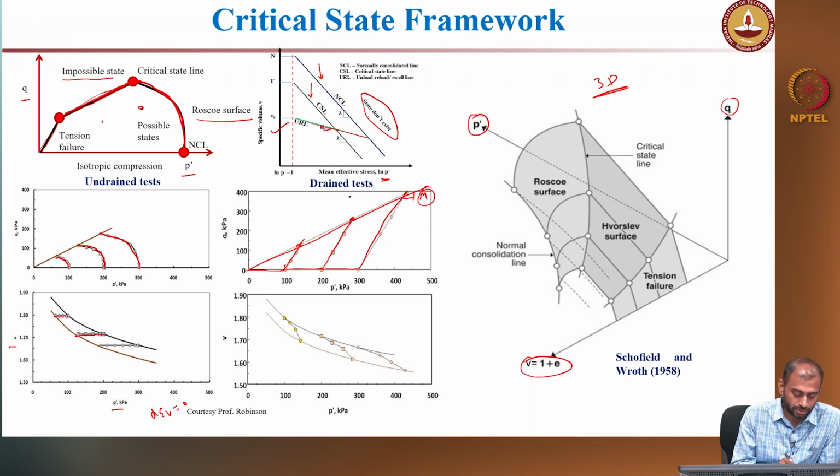It moves on this particular line with increase or decrease in mean effective stress and reaches the critical state locus, right. Whereas, if you are performing a drained test, the volume change happens, and then it tries to reach the critical state. So, this is your normally consolidated line, and this is your critical state line, right.